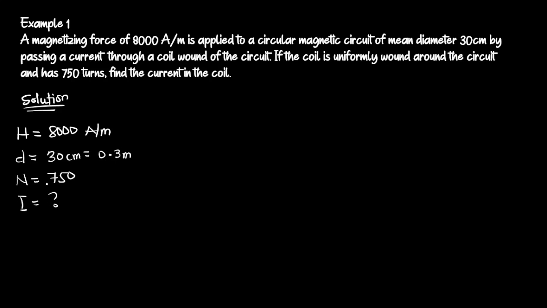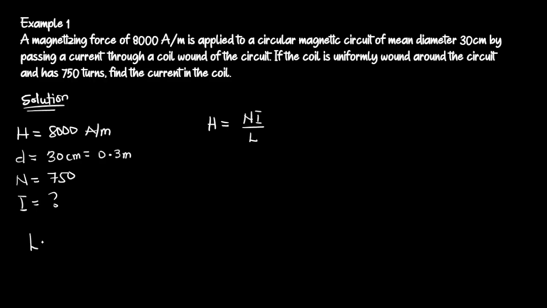All right, so let's proceed to look at the solution to this problem. Now remember, we said that the magnetizing force or the magnetic field strength H is given to us as Ni over L, and the L is the mean length in this case. Now the problem is that we do not know what the length is because we were just given the diameter.